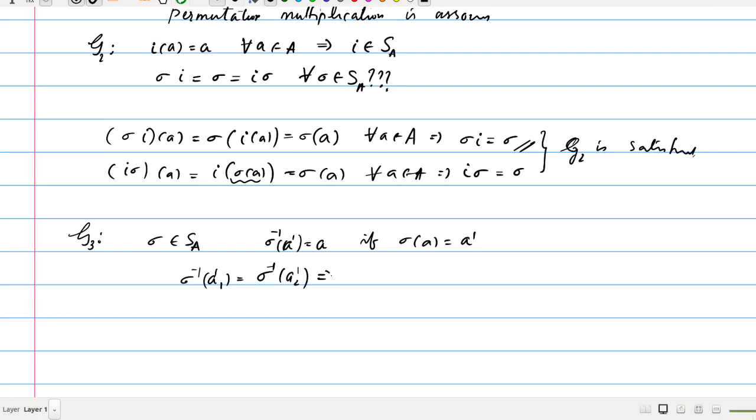By definition, this is A1 and A2, where sigma of A1 is equal to A1 prime and sigma of A2 is equal to A2 prime. This is the definition of sigma inverse.